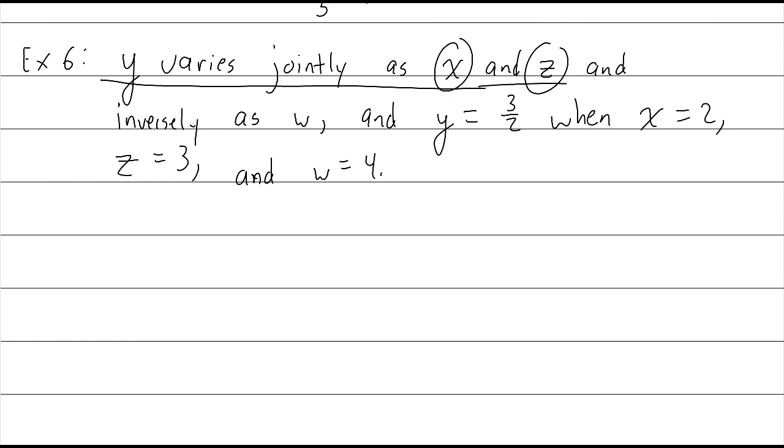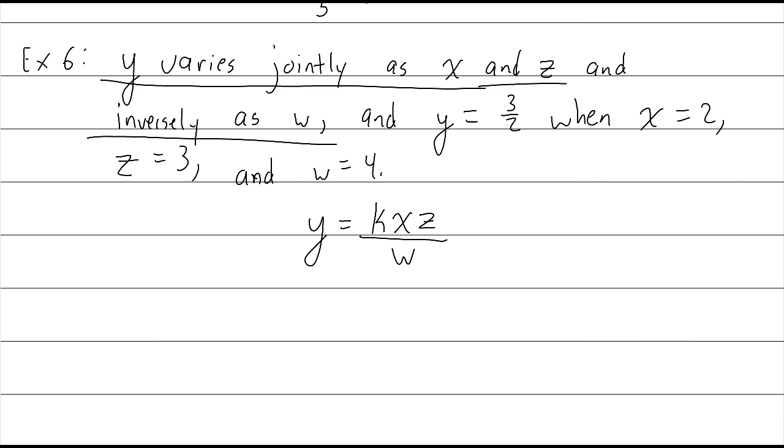If it were going to say divided by, it would have said inversely by x and z, right? So, all right, y equals variation constant times x times z. That's the jointly part, right? Those are together. And inversely as w.